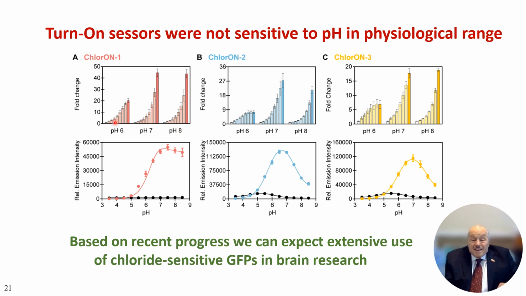Here they rapidly changed the pH and different concentrations of chloride were added, and they all pretty much behave the same. So based on this recent progress, I believe there will be extensive use of these GFPs in brain research. So that's the end of the sensing lectures, the end of 11 Part C.